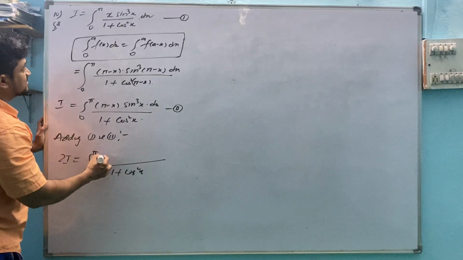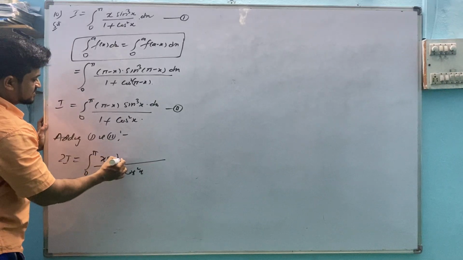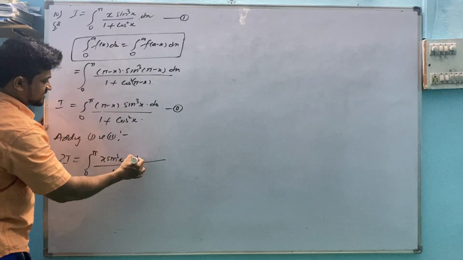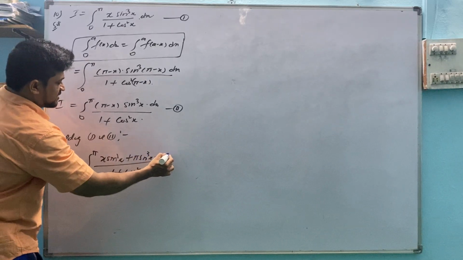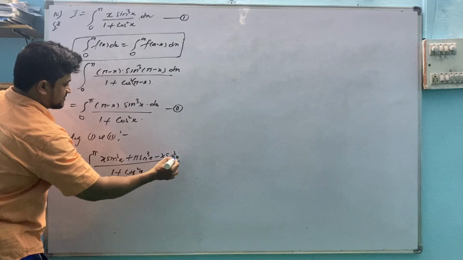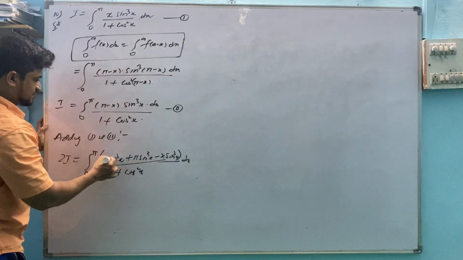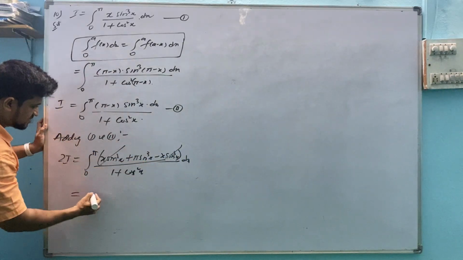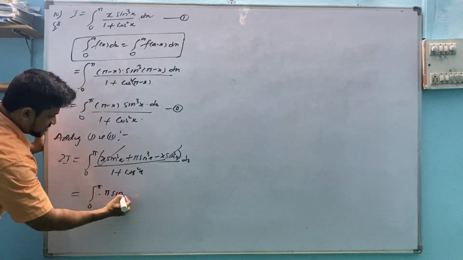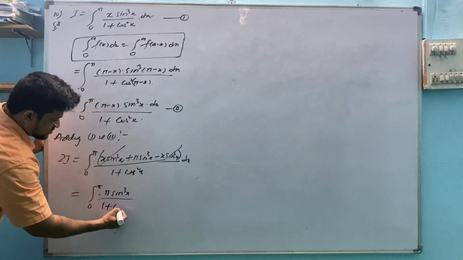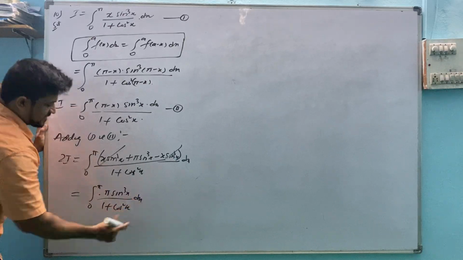Adding numerators, x sin cube x plus pi sin cube x minus x sin cube x. These two cancelled. Integral 0 to pi, pi into sin cube x divided by 1 plus cos square x dx.